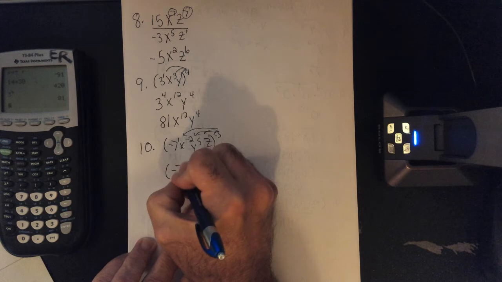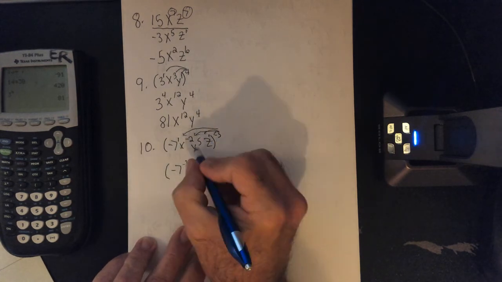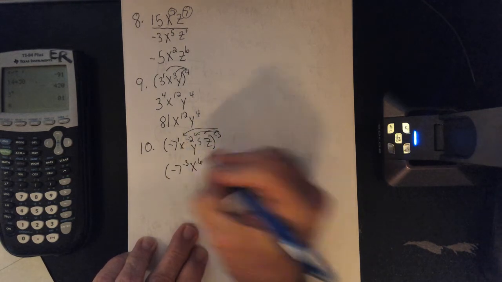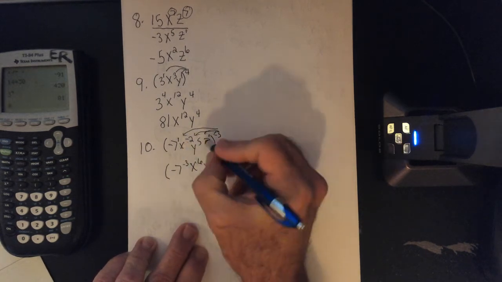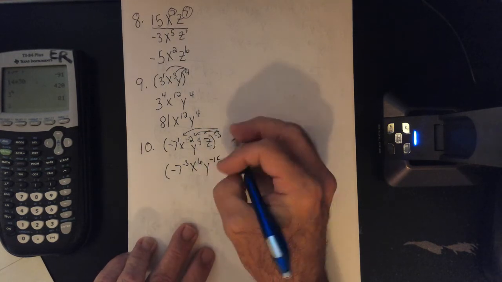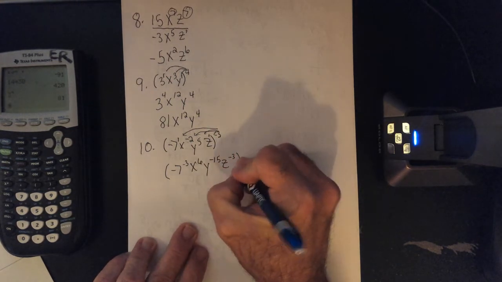So negative 7, 1 times negative 3 is a negative 3. On the x, negative 2 times negative 3 is a 6. On the y, 5 times negative 3 is a negative 15. And on the z, 1 times negative 3 is a negative 3.